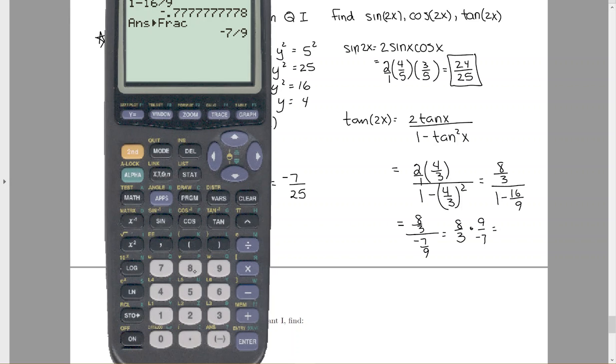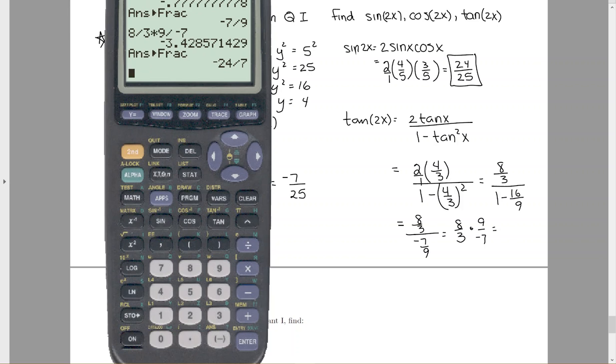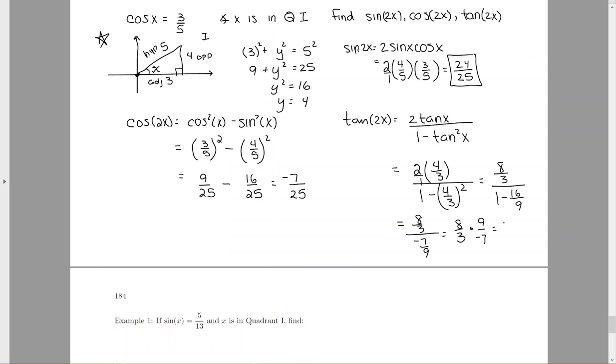So I have 8 divided by 3 times 9 divided by -7. Convert that over, math, enter, and I get -24/7. And that's the ratio for tangent 2x. So these are all of my answers.